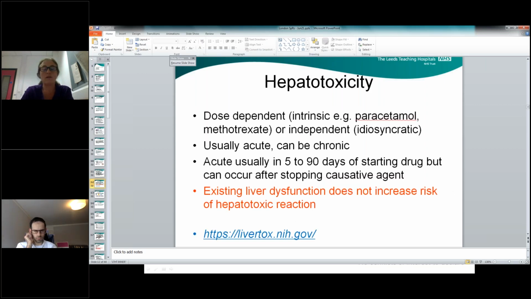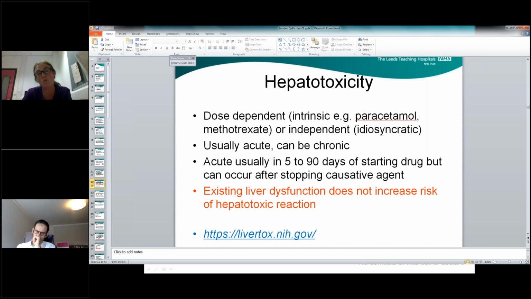I think there's an assumption that hepatotoxicity is going to be a very bad thing in somebody who's already got an underlying liver disease. But actually what we know is that you're no more likely to get a hepatotoxic reaction to a drug if you've got an underlying liver disease than if you didn't. The only difference is that it's more difficult to tell whether a change in LFTs is caused by their underlying liver disease or by the drug that you've given.